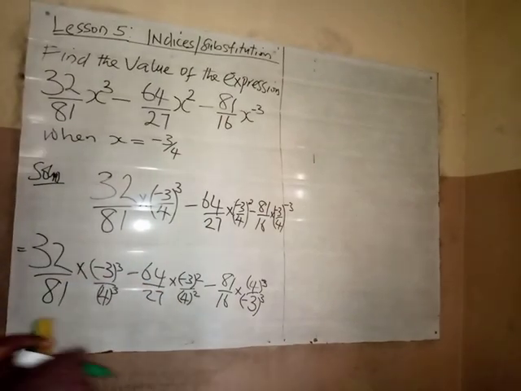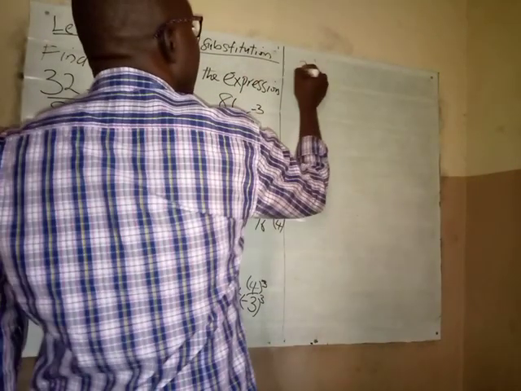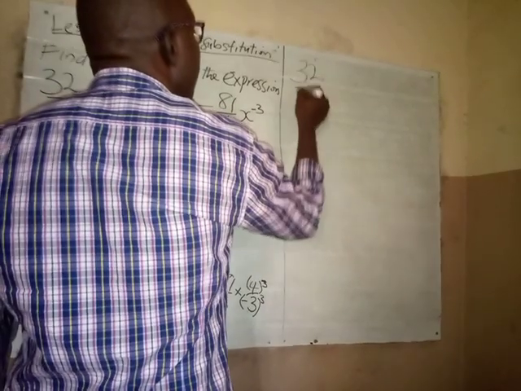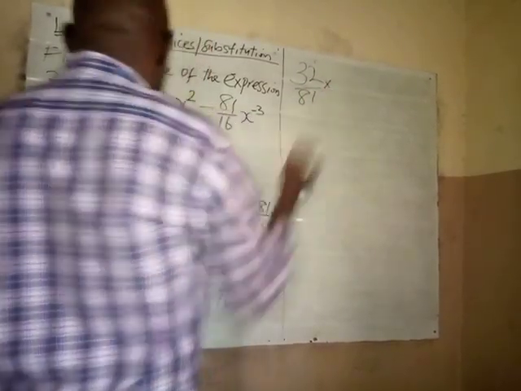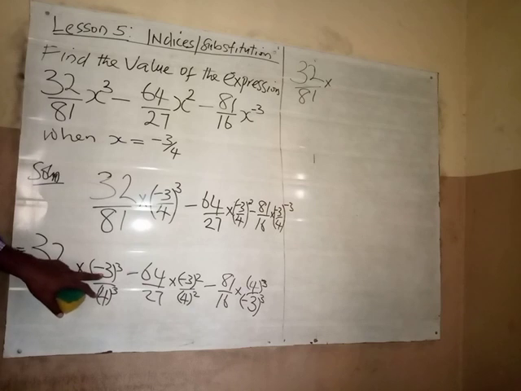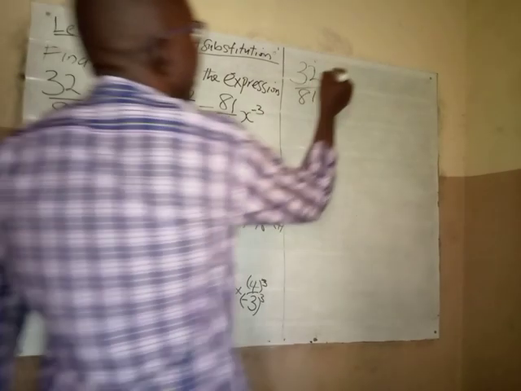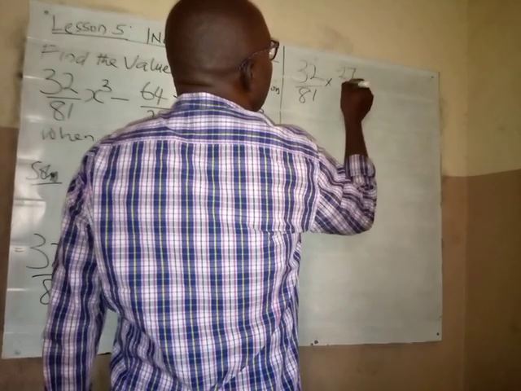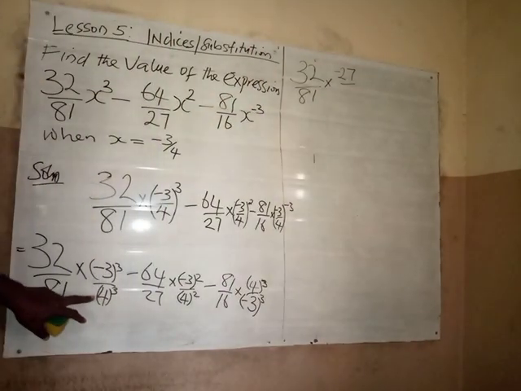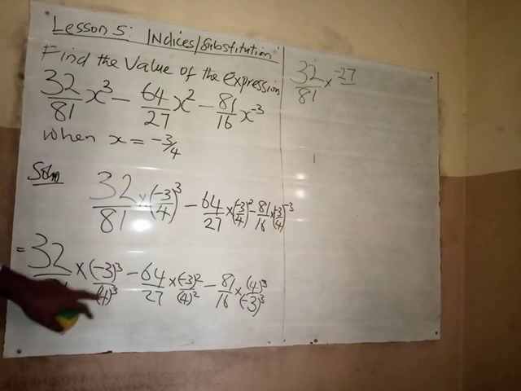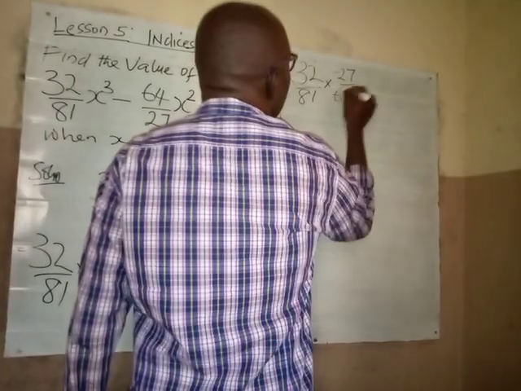So we can now solve this. What we have here is 32 over 81 times minus 3 raised to power 3. Minus 3 times minus 3 will give me 9, times minus 3 again, minus 27. So I now have minus 27 over 4 times 4 is 16, times 4 again, 64.